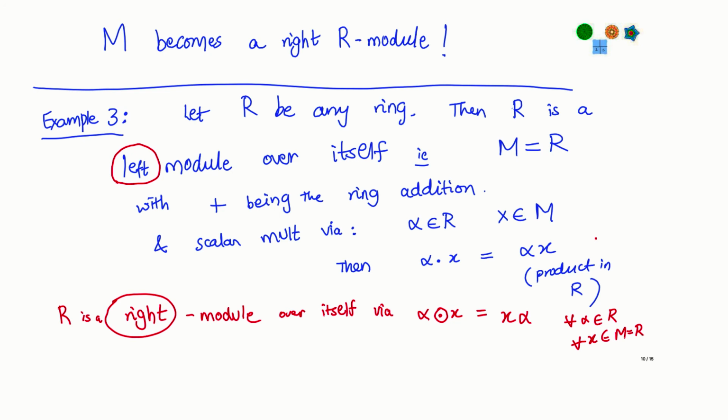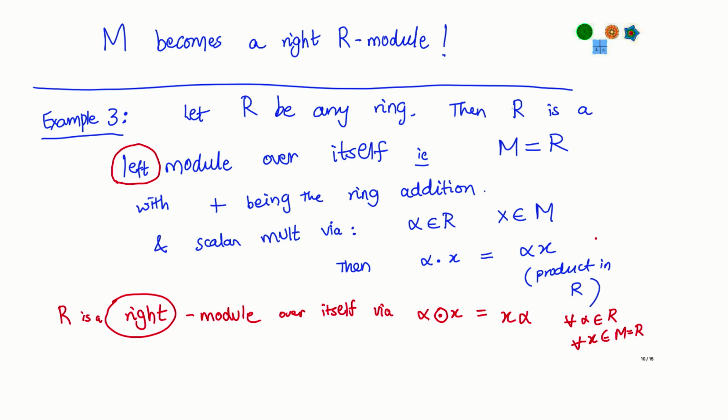So under the right multiplication operation, if I take the scalar alpha and I multiply it on the right of x, then that gives R the structure of a right module. And if I multiply the scalar alpha on the left, it gives me the structure of a left module. So R is in fact both a left and a right module over itself.